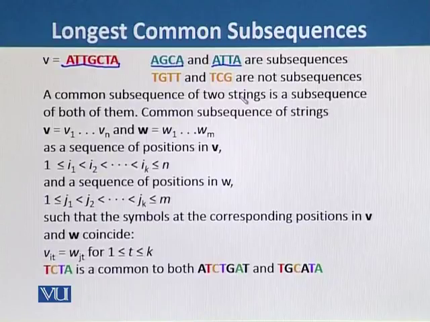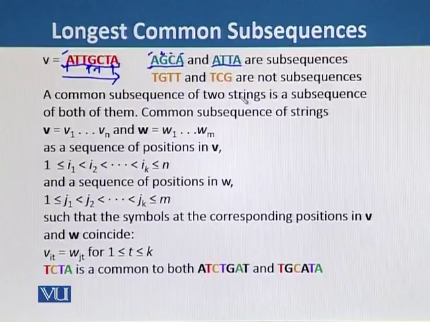We can see here that we selected A, then in order we selected G, then C, which is also in order after G, and then we selected A. So these A, G, C and A are in order.